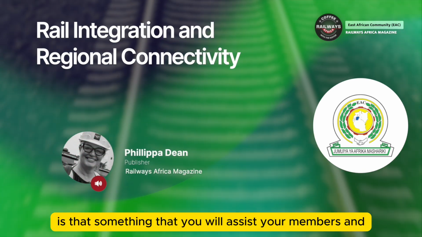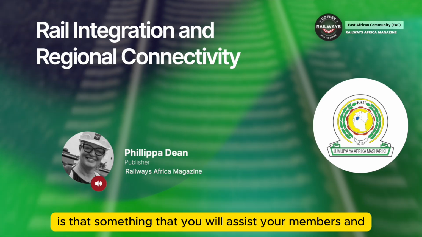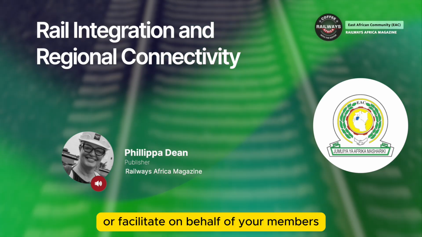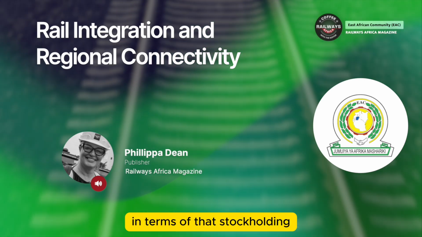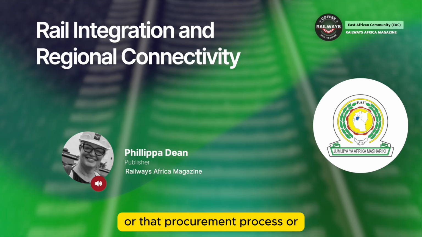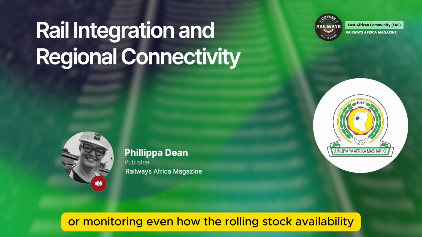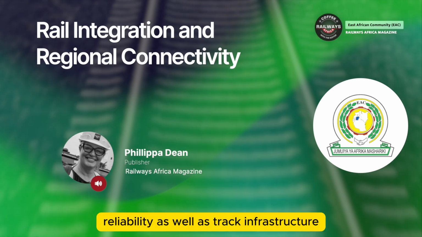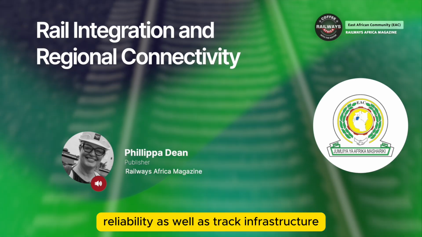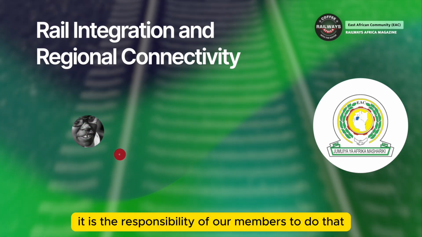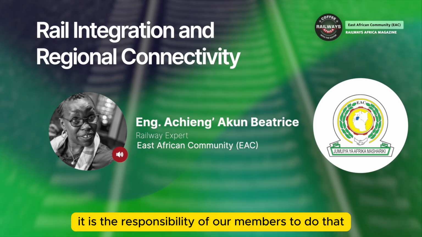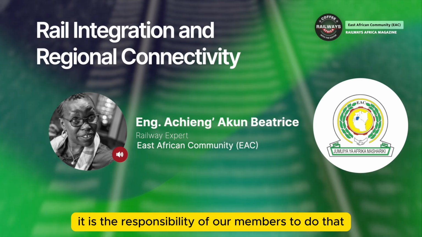And is that something that you will assist your members in, or facilitate on behalf of your members in terms of that stock holding or that procurement process, or monitoring even how the rolling stock availability, reliability, as well as track infrastructure availability and reliability? It is the responsibility of our members to do that.